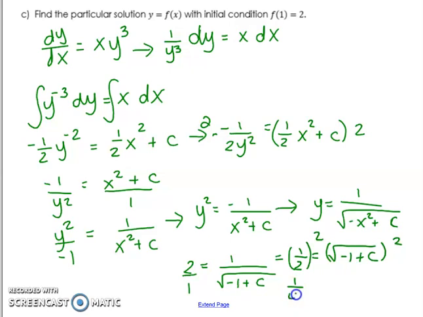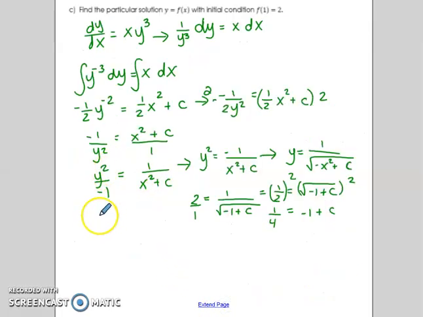So I get 1/4 is equal to negative 1 plus c. So then I get that c is equal to, so I'm going to add 1 to the other side. So c is equal to 5/4. Since I know what c is equal to now, I can plug it back into my equation to get y.